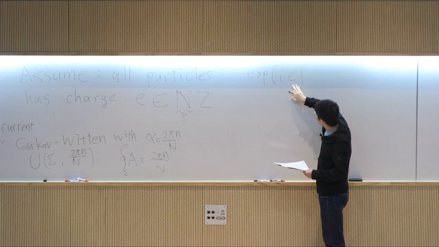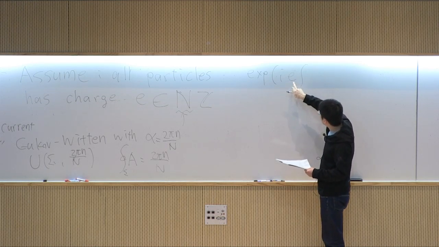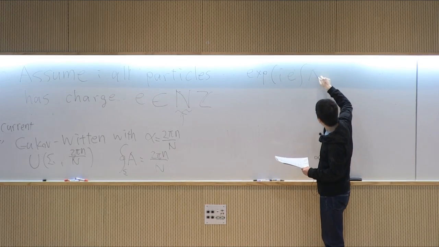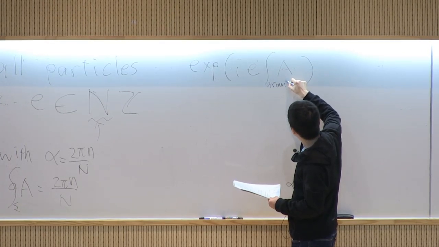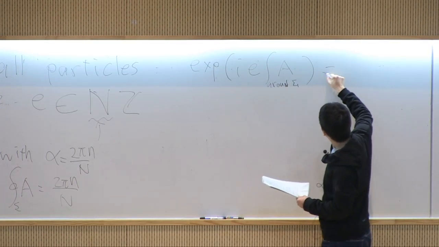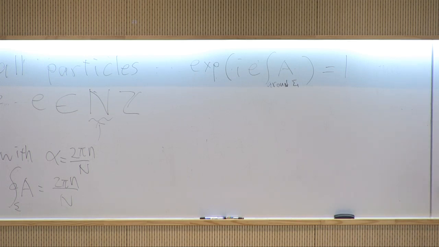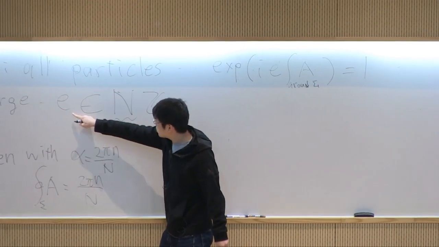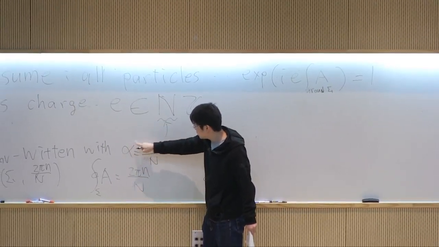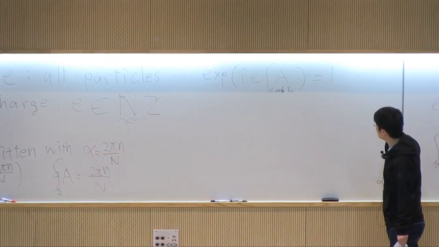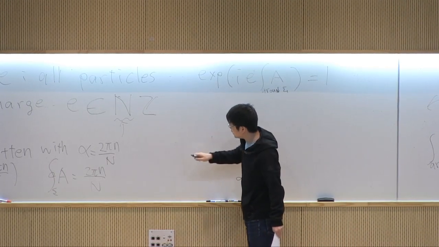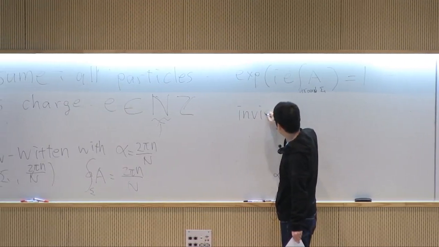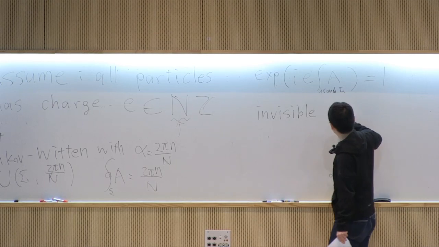Because dynamical particles have charge E, we multiply by the particle's charge. Then this holonomy around sigma is just 1, because of this condition and this special value of the holonomy. So this means that the singularity is invisible to charged particles.